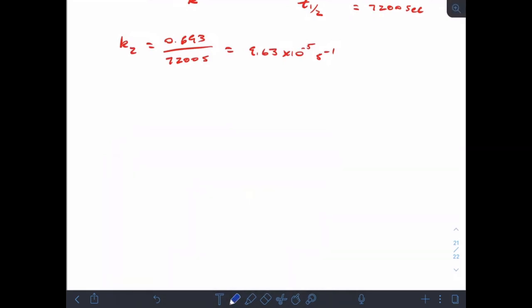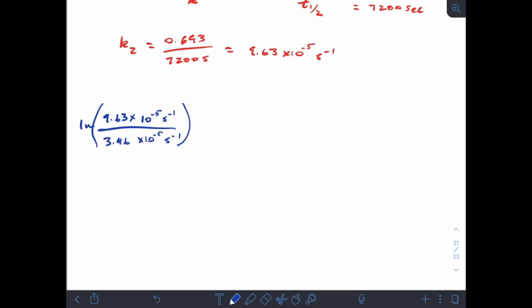Right? So what we'll have is natural log of 9.63 times 10 to the minus 5 inverse seconds divided by 3.46 times 10 to the minus 5 inverse seconds. Now I want to remind you that this is a quantity. Okay, so do the division first, then take the natural log of that value. Okay, it'll be really easy to say natural log of 9.63 and then divide by 3.46.